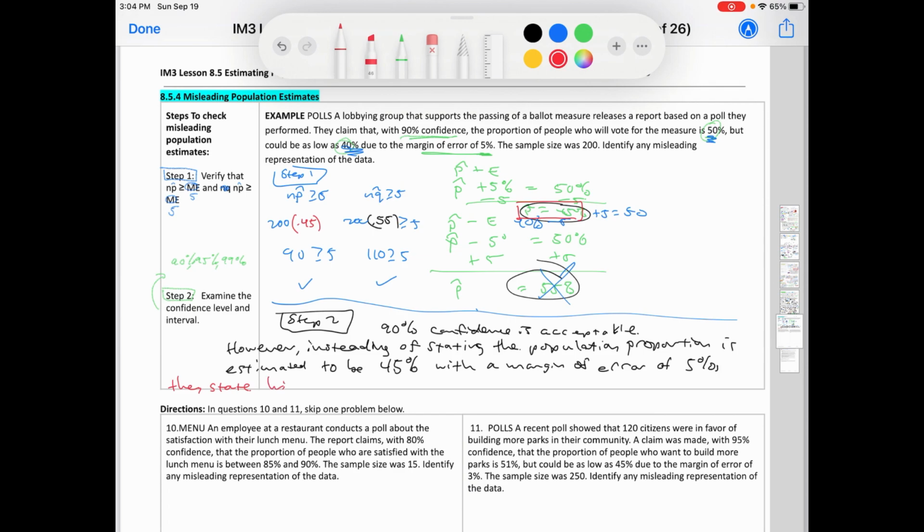They state the highest possible estimate for the population proportion to give the impression the candidate is likely to obtain 50% of the vote.